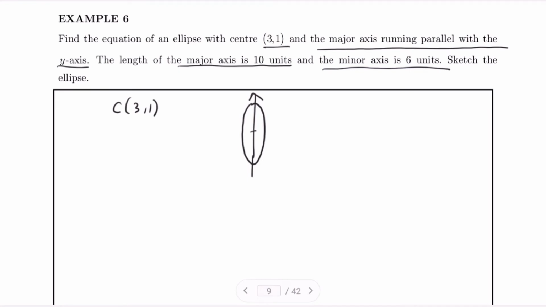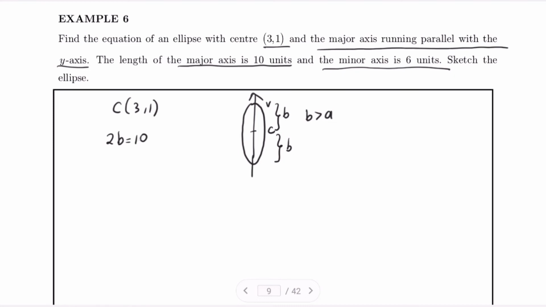If the shape is like this, we know that B is greater than A. The length of the major axis is 10 units. From center to vertex, the distance is basically B, so the total length is B plus B, which is 2B.